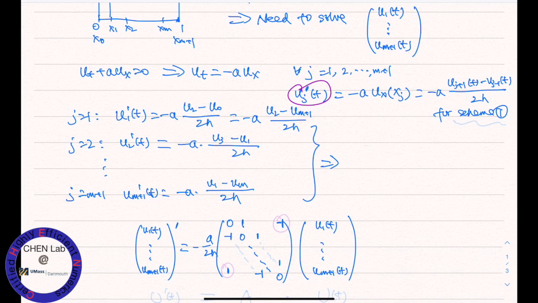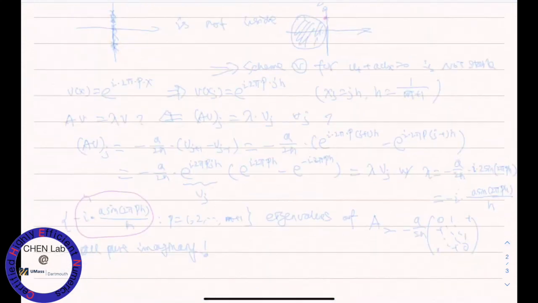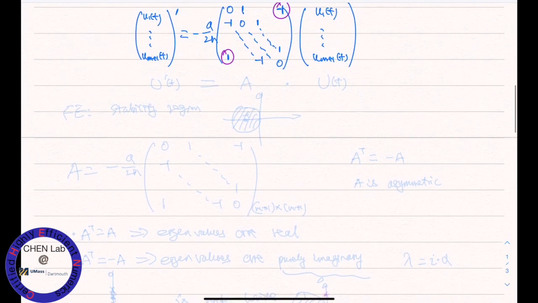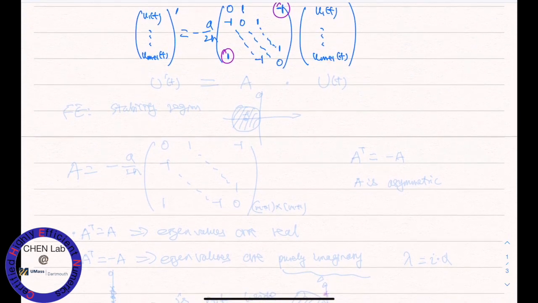So the sub-diagonals are 1s and then negative 1s. And then, of course, we shouldn't forget what's different from the elliptic case is that now we have a negative 1 on the upper right corner and 1 on the lower left corner. Okay? Corner.